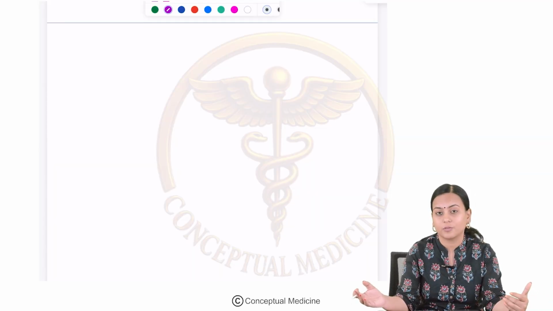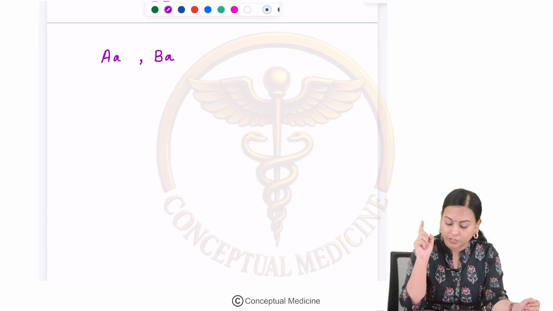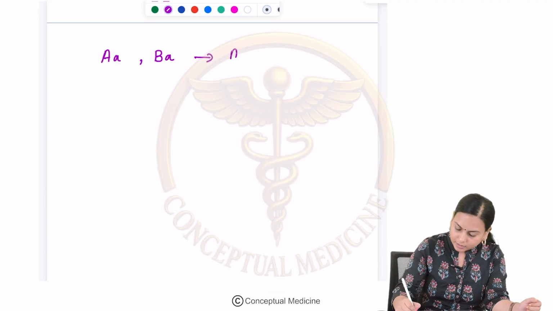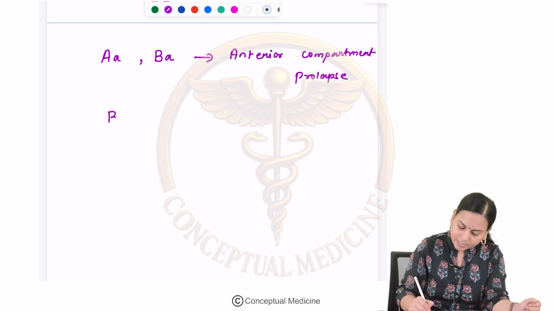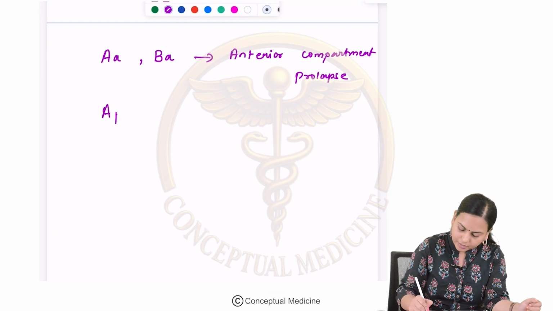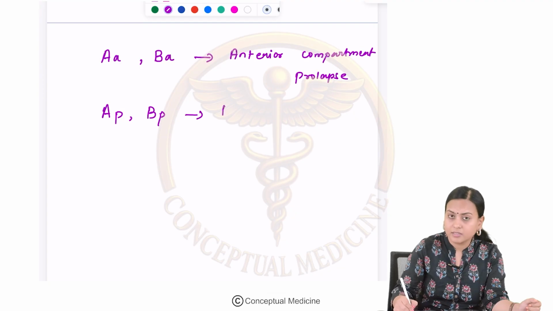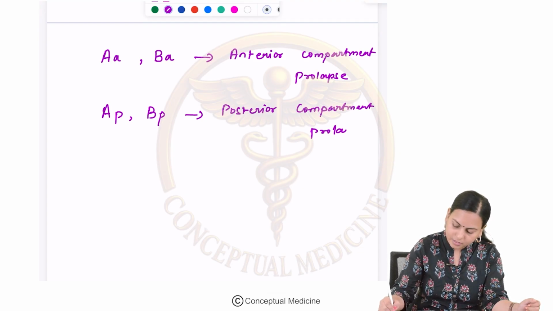Clear? Now, let's see how significant is this measurement and the various points taken on the anterior vaginal wall, posterior vaginal wall and also the other points. For example, if there is any deviation in the AA and BA points on your anterior vaginal wall, then there is definitely an anterior compartment prolapse, right? If there is any deviation in your AP and BP, then yes, definitely there is a posterior compartment prolapse.